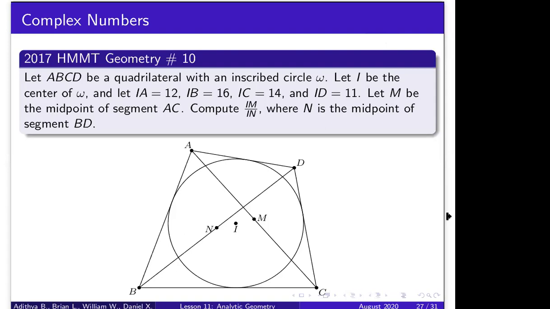In general, when you see a quadrilateral with an inscribed circle on an Olympiad contest, you might want to set that inscribed circle to the unit circle. The explanation is that complex numbers on the unit circle behave nicely, and we have a good circle that we can set to be the unit circle. The unit circle, sorry, I didn't explain, is the circle of radius 1 centered at the origin.